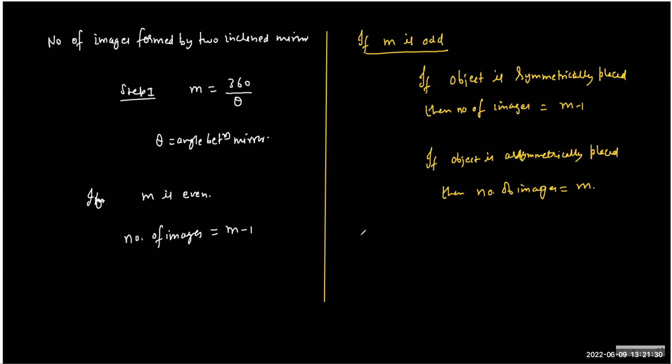And if M is a fraction, then the fraction represents the dead zone. So you can take the integral part and tell the answer. That's it. Then the number of images will be the greatest integer of M. I hope you remember the greatest integer, or the floor and the ceiling.